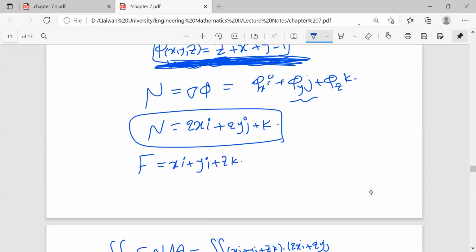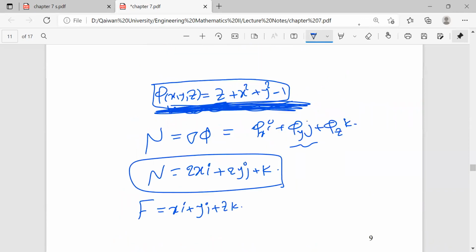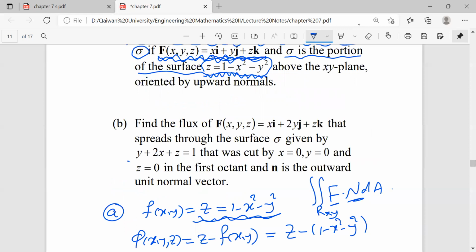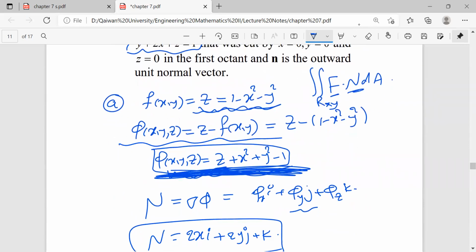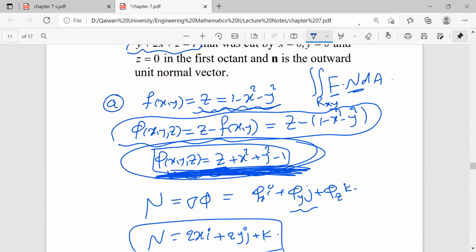F should be given in the exam, and you should find it. Here we have been given the surface. From the surface we can get phi of x, y, z. And from phi of x, y, z, we can get n.